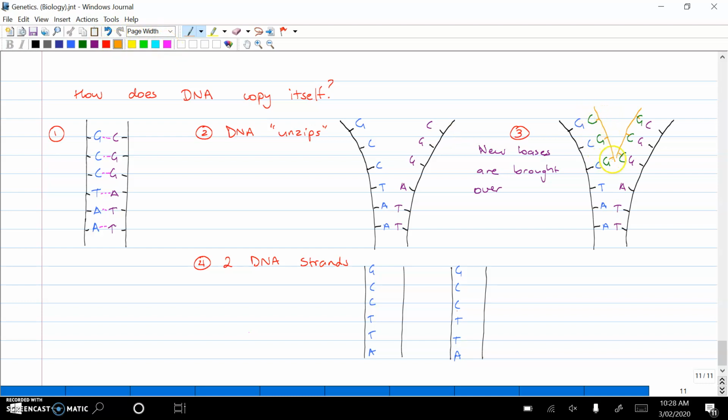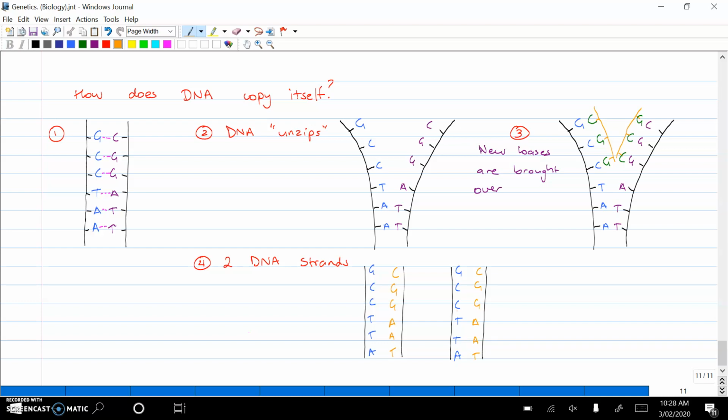And this side that's been brought in over here is now this side of this DNA strand. So C, G, G, A, T. And this side over here is our original right-hand side of the DNA strand. So we have C, G, G, A, A, T. So that is how DNA replicates itself.